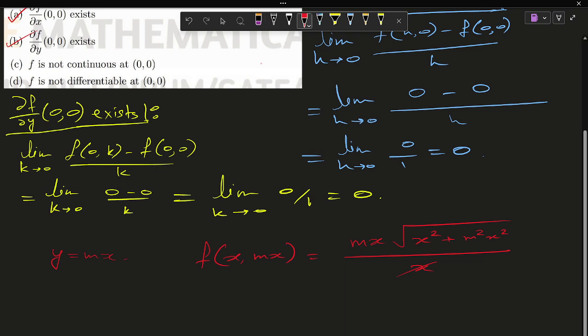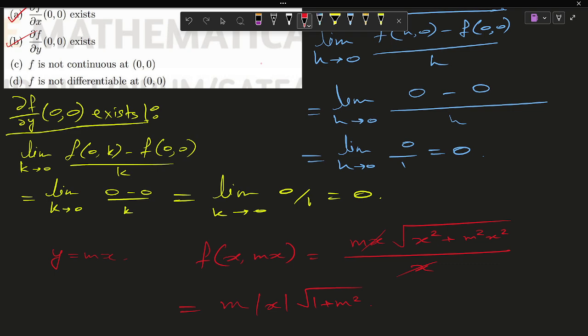The x and x cancel out. Now m, and the root over x square comes outside as mod x.